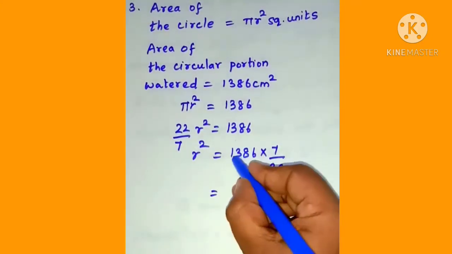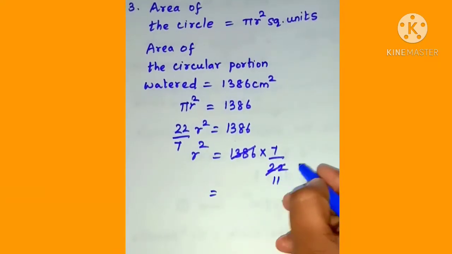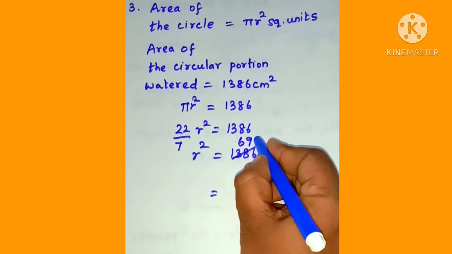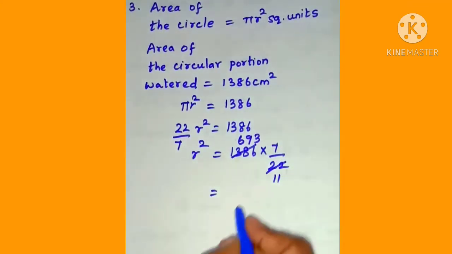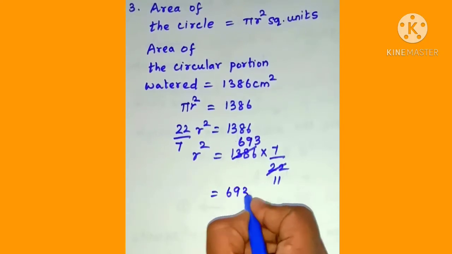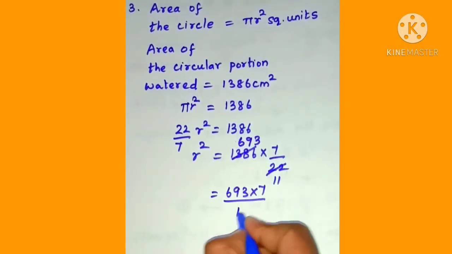So here 11 times, and here 6, 9, 3. Now 693 into 7 by 11.